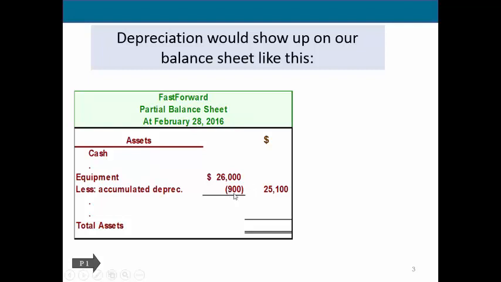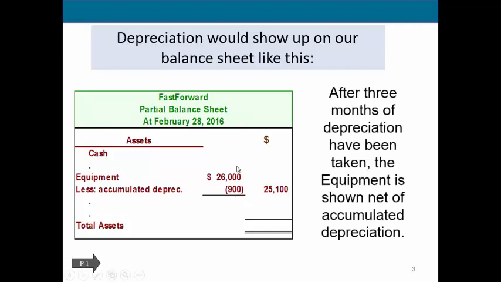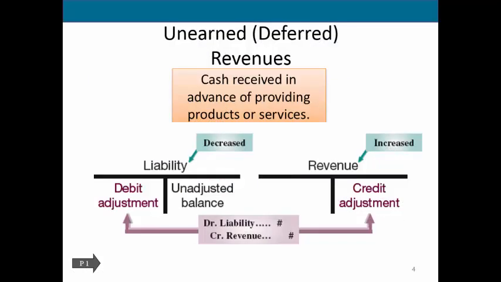It's $300 of depreciation per month for 3 months. So 3 multiplied by 300 is where that's coming from. So at the end of February we have a net book value of $25,100 in our equipment. So that's the equipment net of accumulated depreciation.